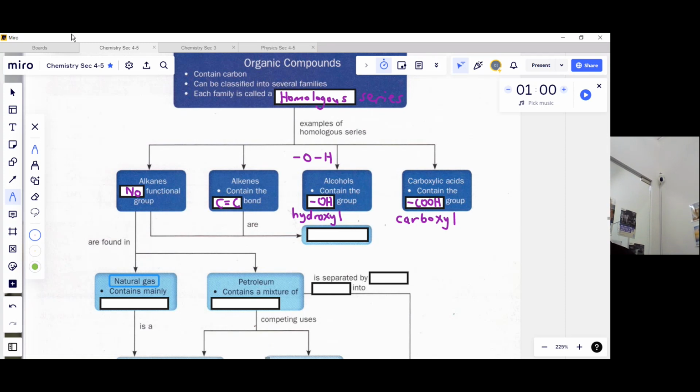Next one. Good. Don't forget, alkanes and alkenes are hydrocarbons, meaning they only have hydrogen and carbon. No oxygen, no nitrogen. Next one. Natural gas contains mainly alkanes.